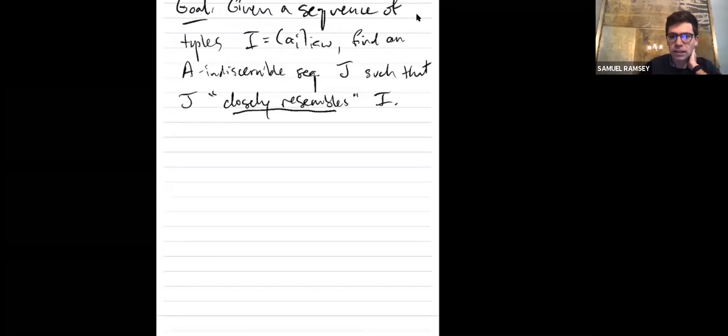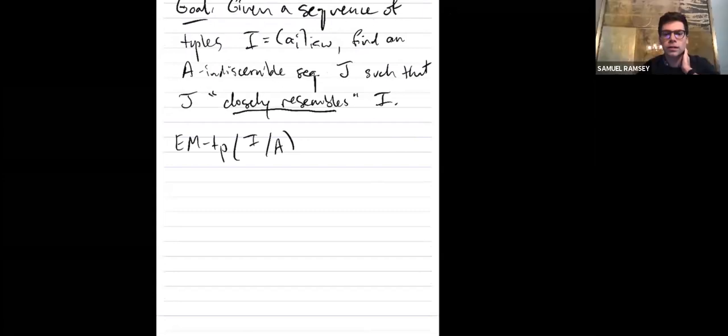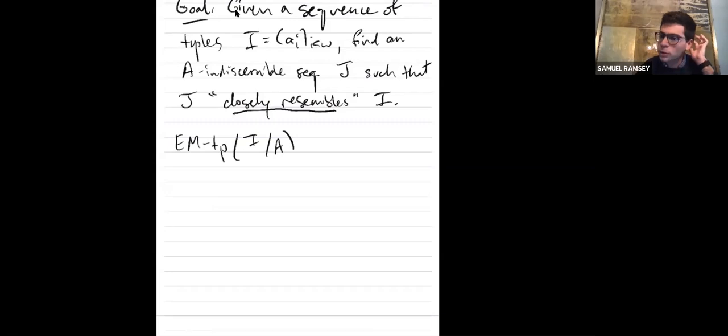So let's recall that the EM type of I over A should be, Nick, yeah. Check the chat. So someone can't see me. Can others see me? Okay. If you can't see, then perhaps you should try leaving and then coming back or restarting your Zoom or some such thing, because it seems like it's working for most people. All right.